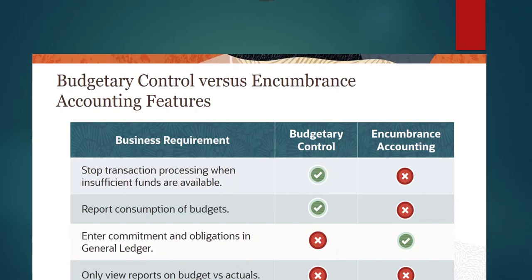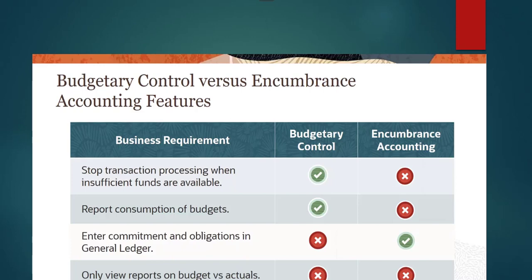You only need encumbrance accounting if you don't need to validate transaction amounts against the budget during transaction processing, but you need to report purchase orders and requisitions. So that means you would have encumbrance accounting only and create those journal entries.